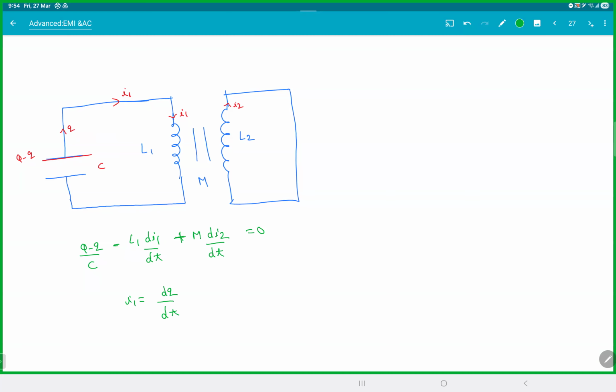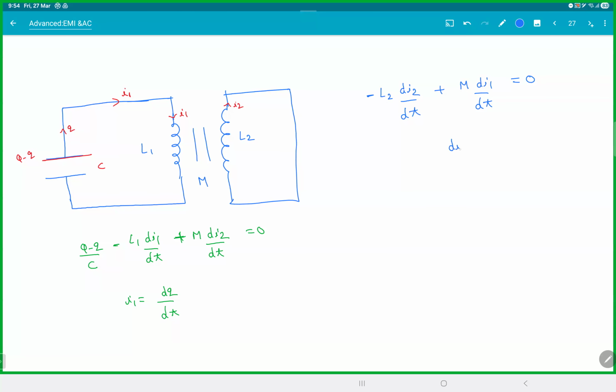So my job is simple. If I can get di2/dt in terms of di1/dt, my job's done. Now, when you apply the loop law for this one, minus L2 di2/dt, the mutual inductance is supporting here, M di1/dt, and it is shorted, so you come back again to 0. That's what makes this easy. The equations will be easy to solve.